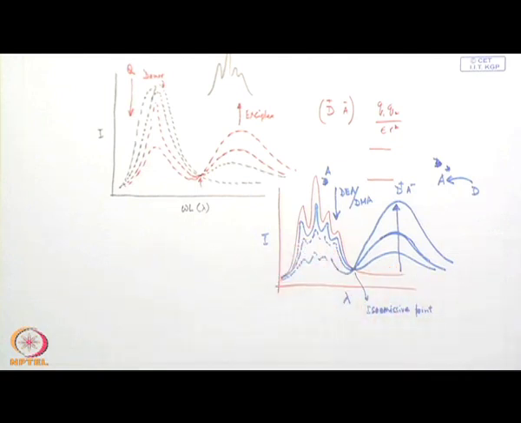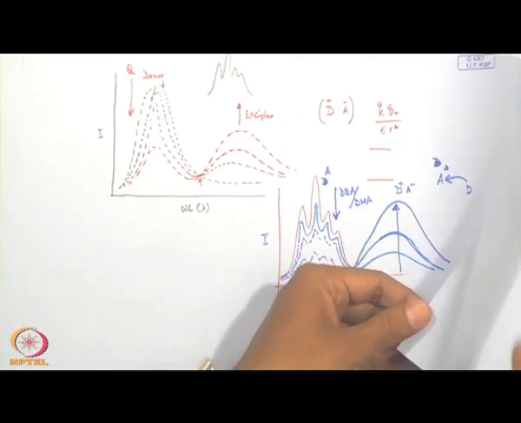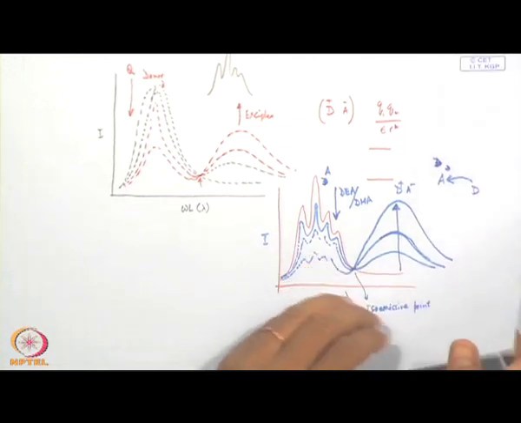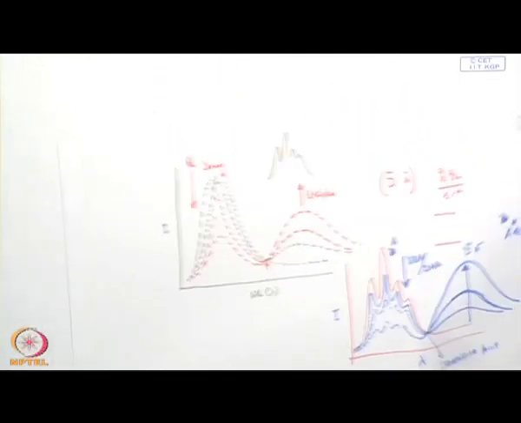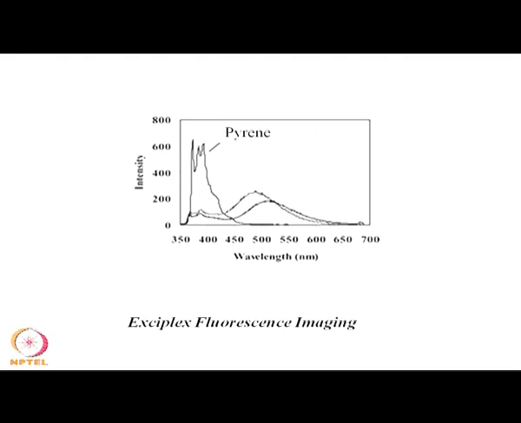Like when it is pyrene DMA, then pyrene is the acceptor in the excited state, and if it is something else, then pyrene may act as a donor as well. So, it depends on the relative oxidation and reduction potential of these species, and on the reduction potential of the ground state as also the excited state species.